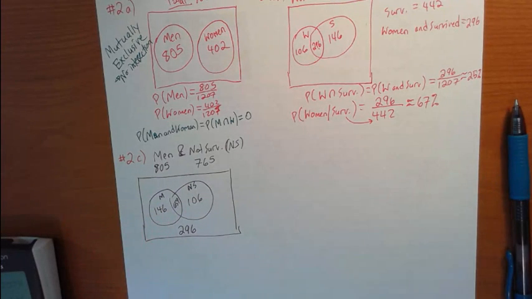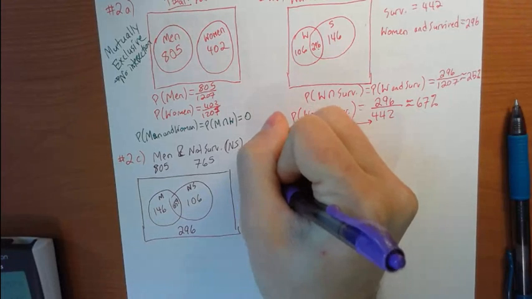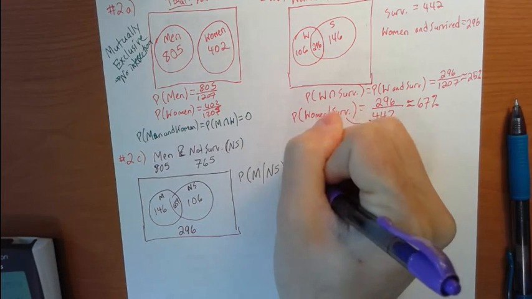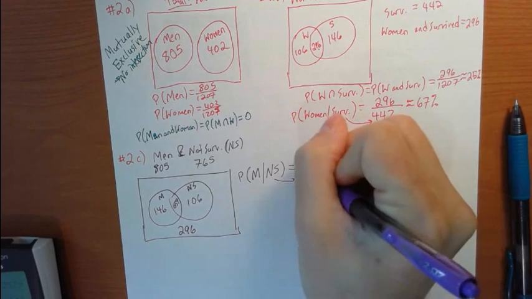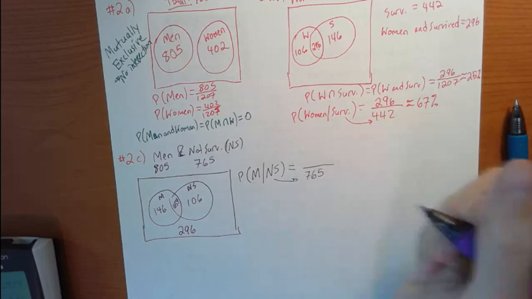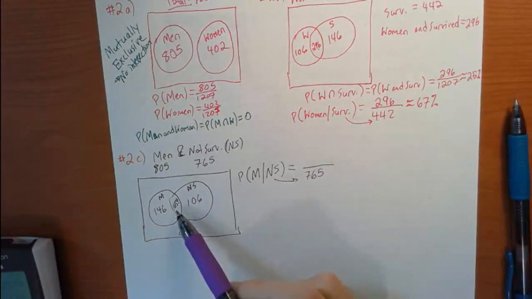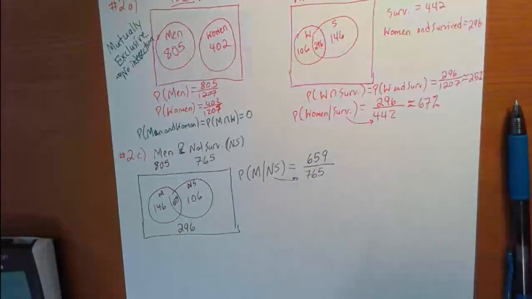So we're going to find a couple of probabilities here. So the first thing we can do is find the probability of being a man given that you did not survive. So the not surviving goes on the bottom. So non-survivors was 765 people. And out of those non-survivors, 659 of them were men.